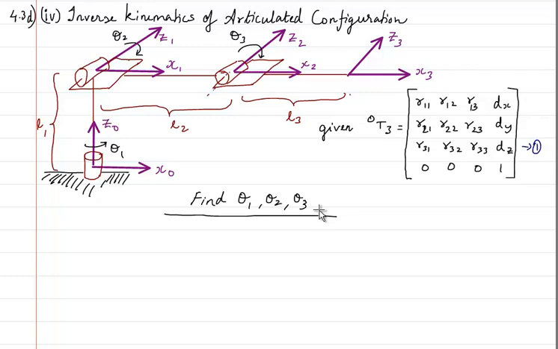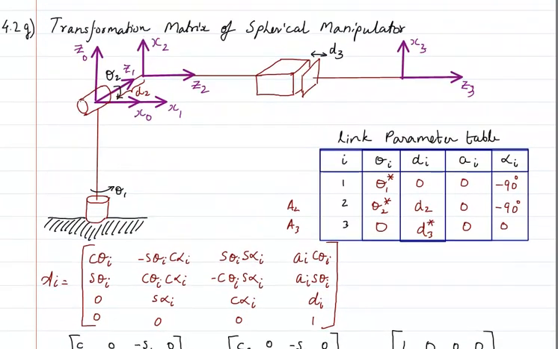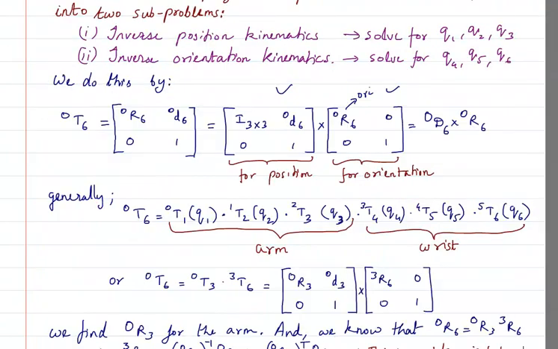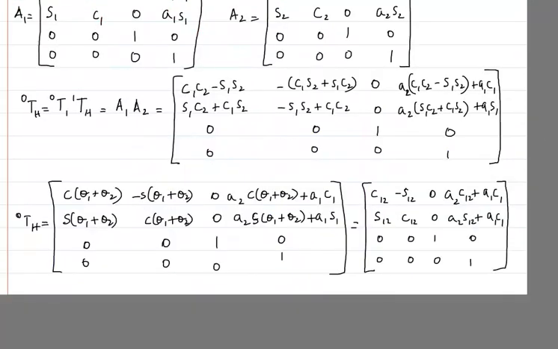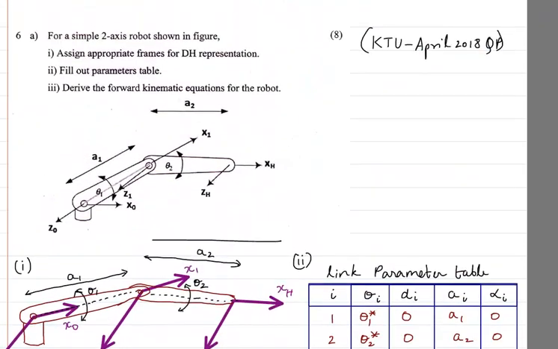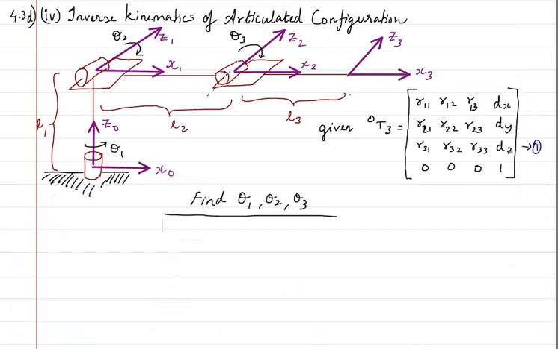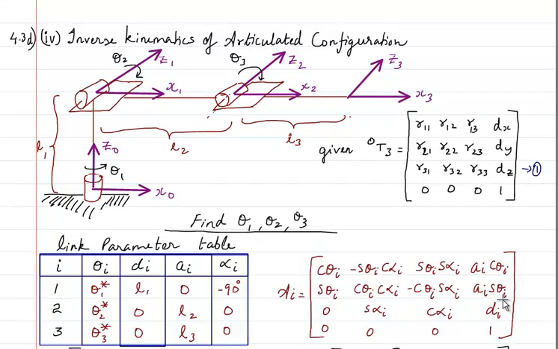We have already done this previously in the articulated configuration, and based on that we got certain answers. So we will try to do it here also. First, we have to find the link parameter table.